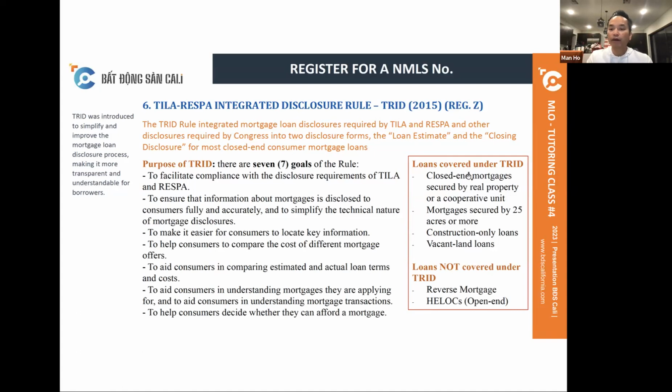Okay, loans covered under TRID include closed-end mortgages secured by real property. Closed-end meaning you open a mortgage, a loan, and you pay a fixed amount every month. Mortgages secured by 25 acres or more.